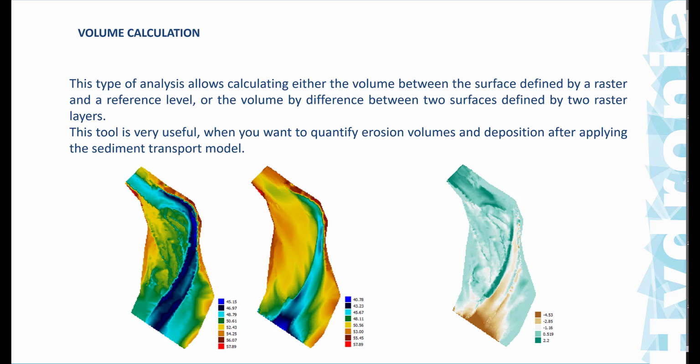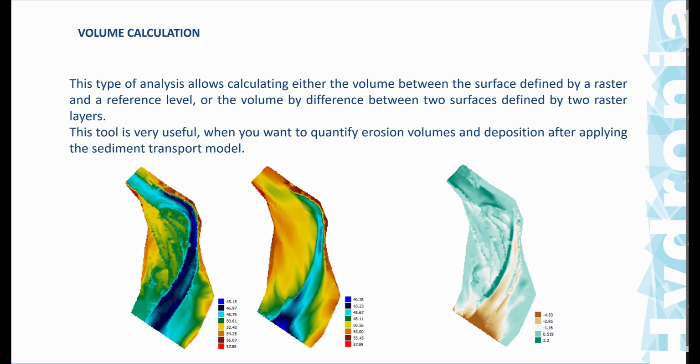You can use this tool to have, let's say, the bed surface of the terrain as it was before the sediment transport simulation, and then the surface that resulted after the simulation of sediment transport.